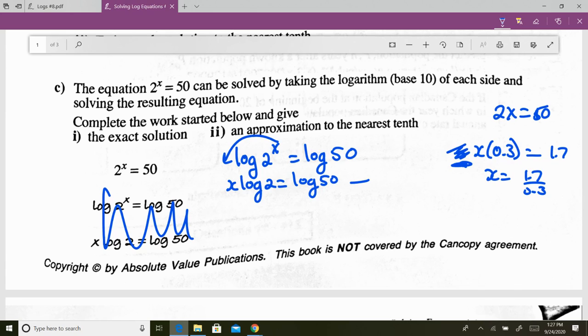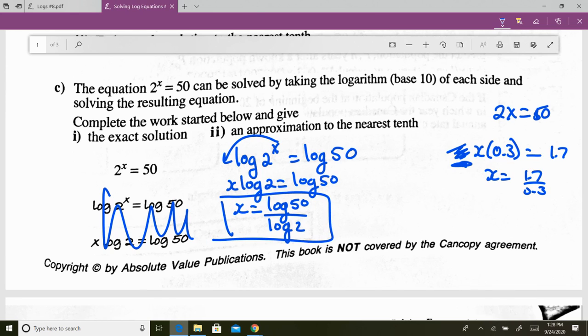And then whatever that is, your answer, okay? Same thing for this. You divide off the log 2, okay? So x is equal to log 50 divided by log 2.